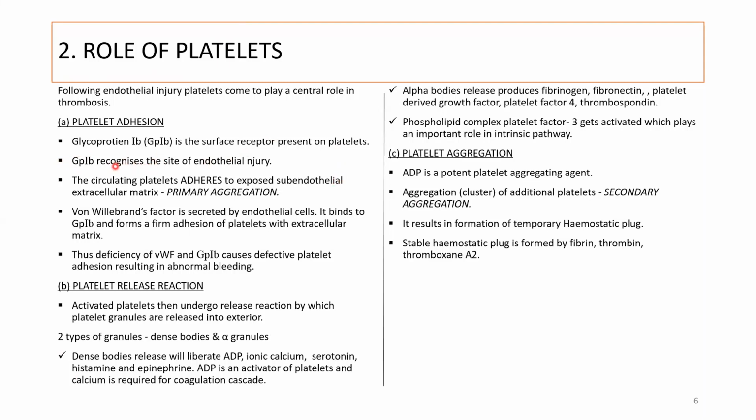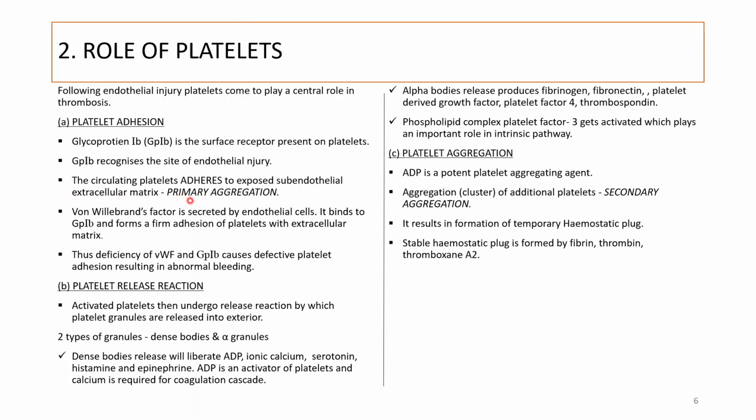What does this glycoprotein IB do? It recognizes the site of the endothelial injury, and these platelets are usually circulating in the blood. Due to the surface receptor GPIB, they recognize the site of endothelial injury, go, and adhere to the subendothelial extracellular matrix.